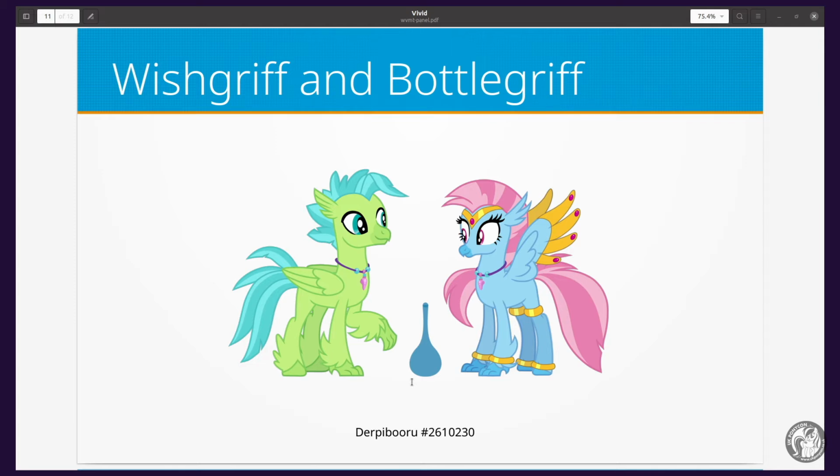Remember when I told you about the Ask Genie Twilight blog? Her jewelry is based on their design. Basically, they are students in the School of Friendship.